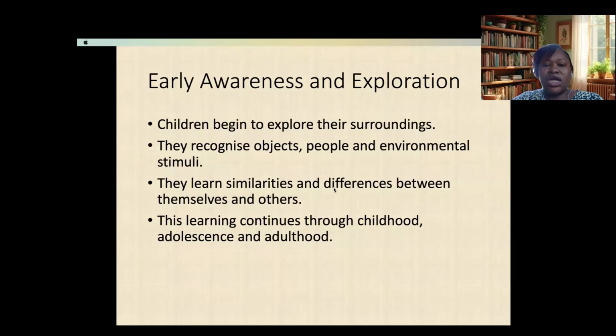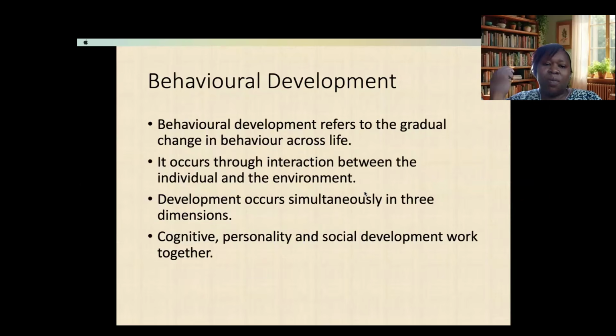When we talk about behavioral development, we talk about different aspects, but we are more particular about the gradual change in behavior across life. When I say across life, it occurs through interaction between the individual and the environment.